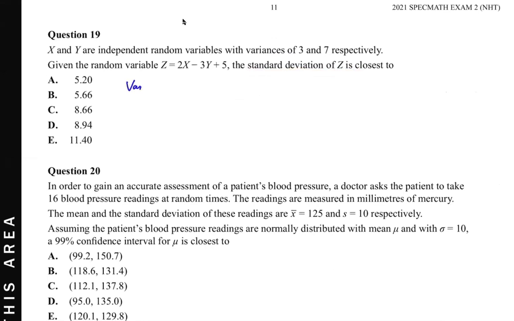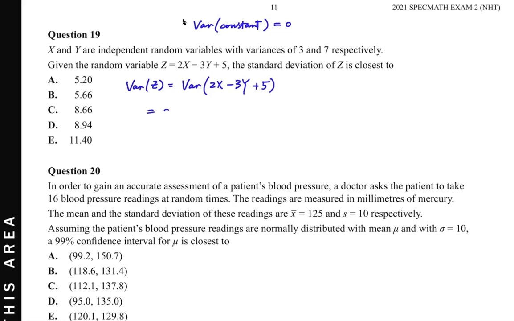So your combined variance of Z is the variance of 2X minus 3Y plus 5. Notice that your variance of any constant is 0. It's different from adding the constant for mean value or expected value. So you got to be careful with that.